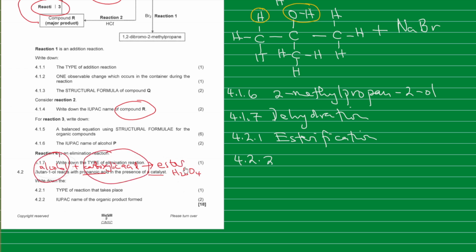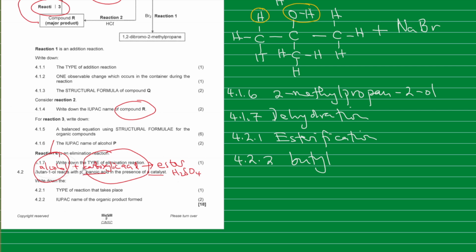The IUPAC name of an ester is made up of two parts. The alcohol will give us the first name. In this case, our alcohol is butanol, so the name will be butyl. The first part of the name is butyl from the alcohol, which is the butanol.